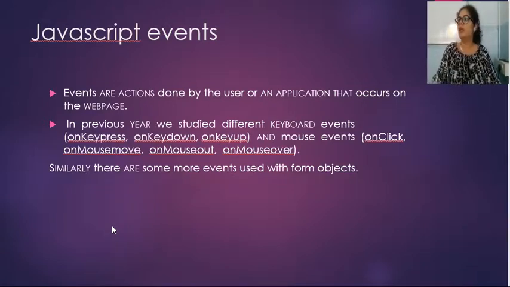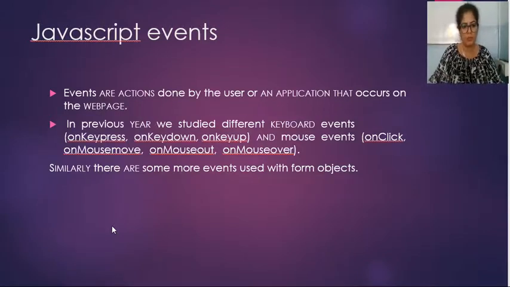For example, when you click on any button, or when you are using a word processor and press enter, it will move you to the next line. And when you press the space bar, it will give a space. So these are basically events that occur when you click on that key.